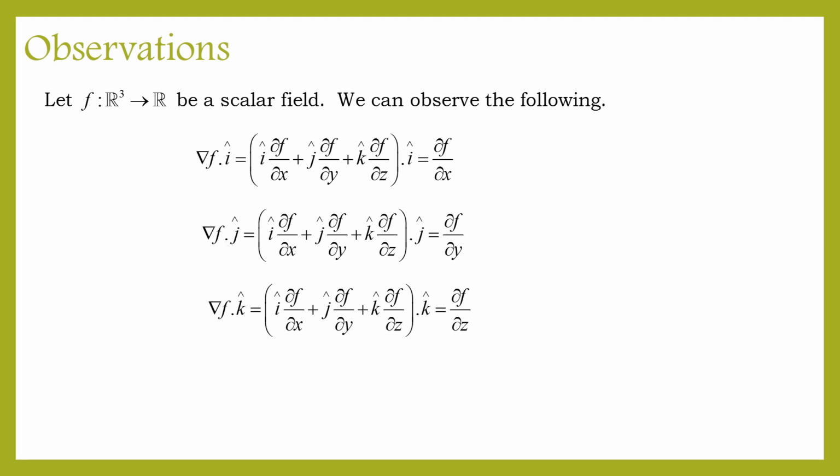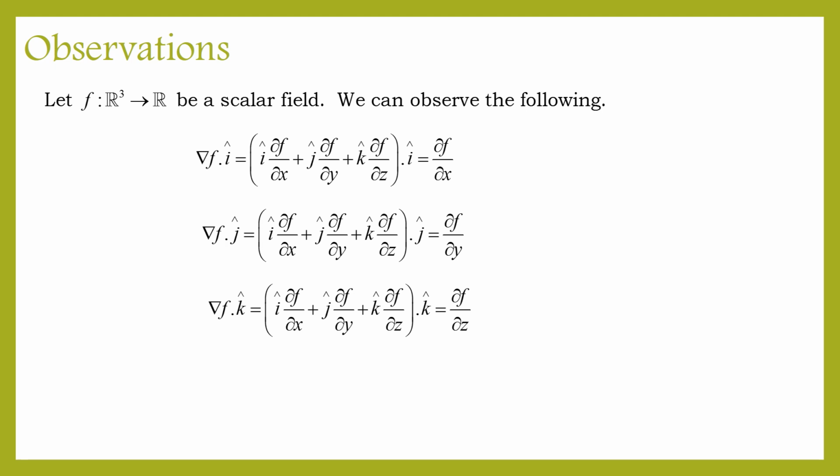What happens if we take the dot product between del f and I cap? Suppose W is equal to f of x comma y comma z is a given surface.